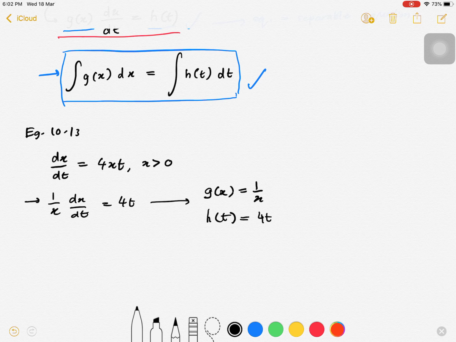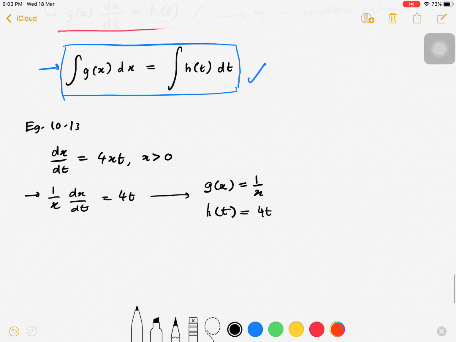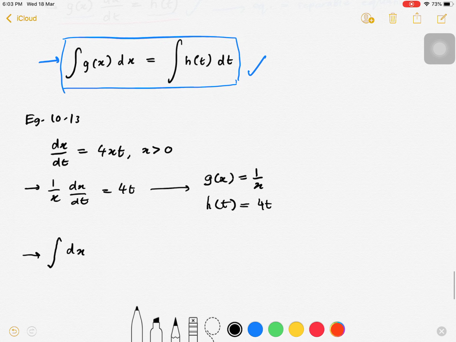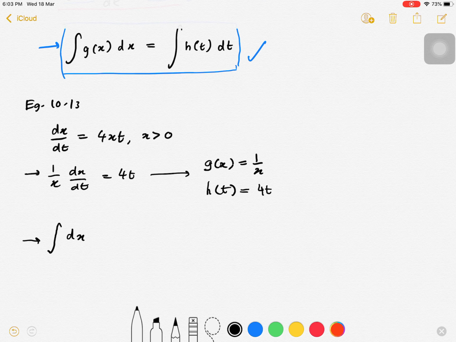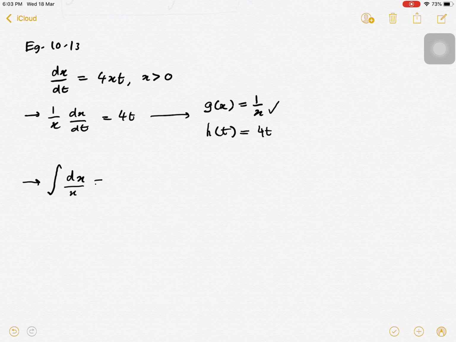Now since we know the formula right here, we can go directly to that formula, which is the integral of dx over x. Why over x? Because g(x) is this one, and this is equal to the integral of 4t dt.